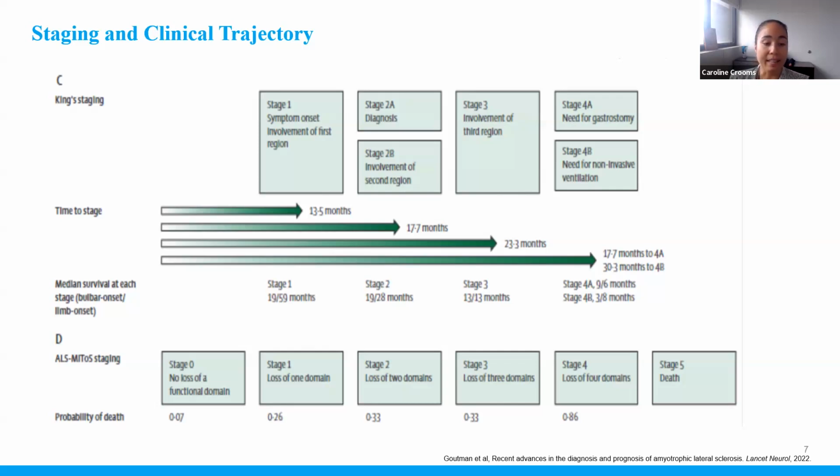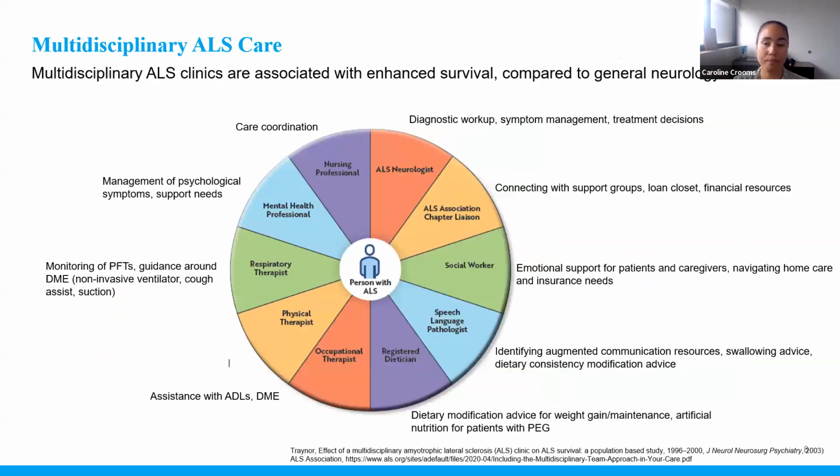And then just at the bottom, the ALS MiToS staging is more based on the domains and has a probability of death underneath each one. So I think the King's is maybe a little bit easier to understand. But these are the types of ways that people think about the ALS clinical trajectories, really in terms of functional decline and then need for, in particular, artificial nutrition and non-invasive ventilation, both of which I'll talk about.